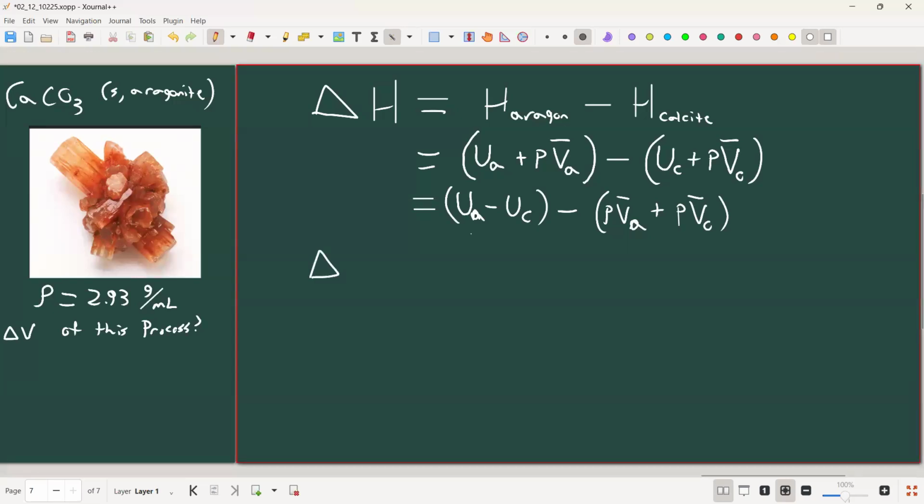And then this right here is delta U. This is just a change in the total energy. So we'll bring that to the other side. Oh, wait, I don't think that makes sense. Why? Because if it's UA plus PVA minus UC plus PVC, then by putting the minus before the second term, it's like UA minus UC minus PVA minus PVC.